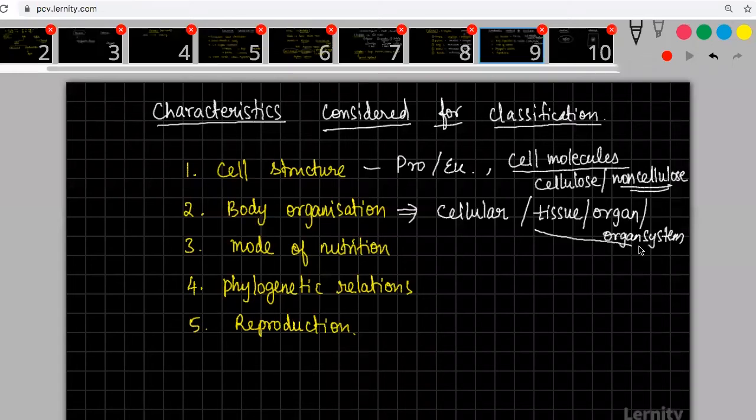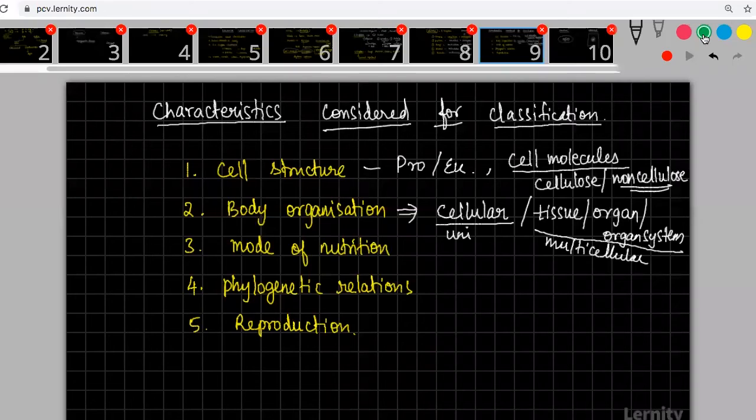All these types will come under multicellular. And this one is unicellular. So he was trying to classify organisms based on whether it is unicellular or multicellular. So this is the second property that was considered.